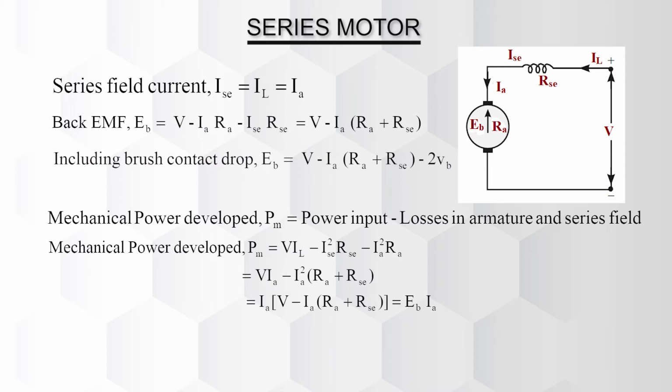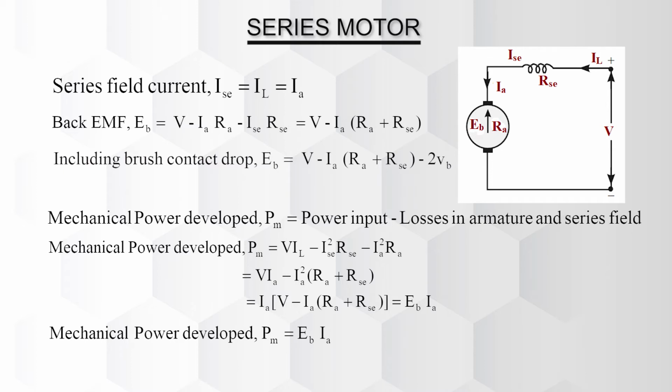Again you take IA common from these two terms. So you can write the mechanical power developed PM is equal to IA in bracket V minus IA in bracket RA plus RSE bracket close. So V minus IA in bracket RA plus RSE is equal to what? This is nothing but the back EMF EB. So the mechanical power developed can be written as PM is equal to EB into IA, where PM is the mechanical power developed, EB is the back EMF and IA is the armature current.